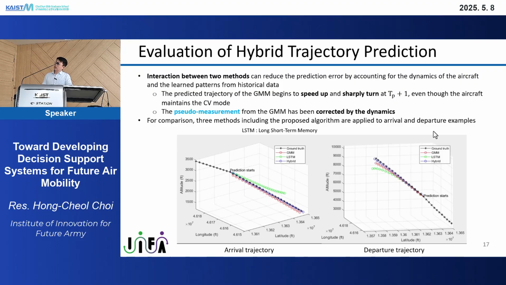And note that the LSTM shows better performance compared to the GMM because of a small setting issue: the LSTM does the one step ahead predictions iteratively. However, the GMM generates the full future trajectory at once. But the LSTM accumulates the errors step by step. So that's why this result is much worse than the GMM. And anyhow, in this example, as you can see here, the hybrid method outperforms the other data-driven methods.